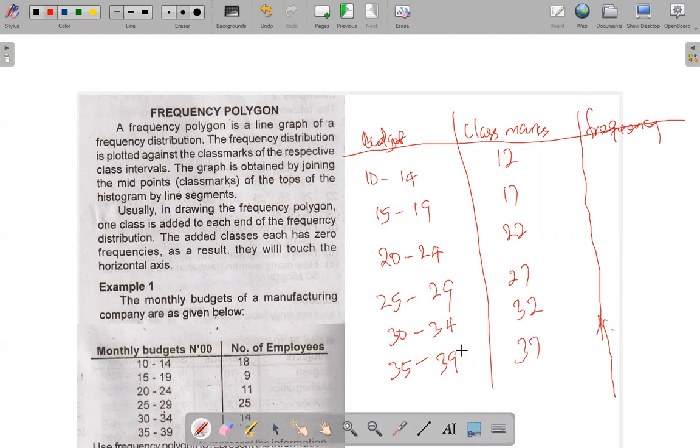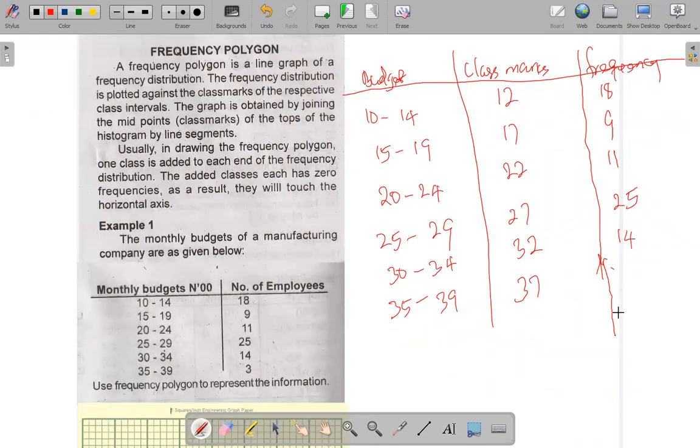Now the frequency is already given, which is the number of employees: 18, 9, 11, 25, 14, and 3. With this table, we can plot the histogram.